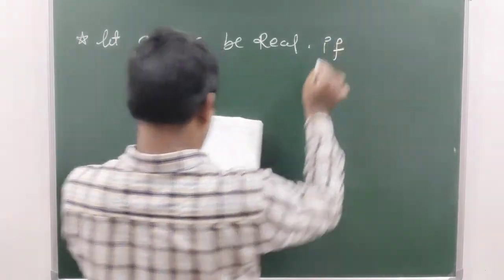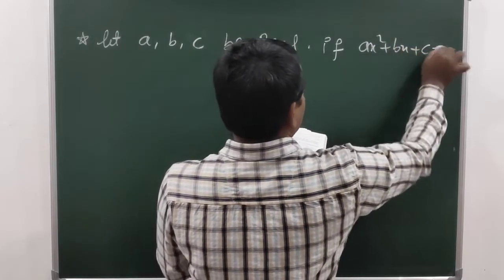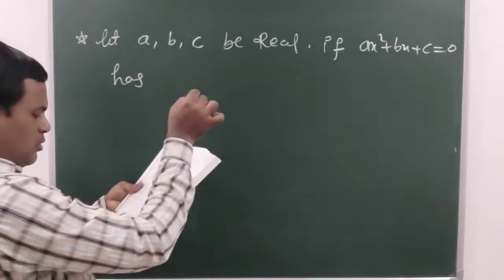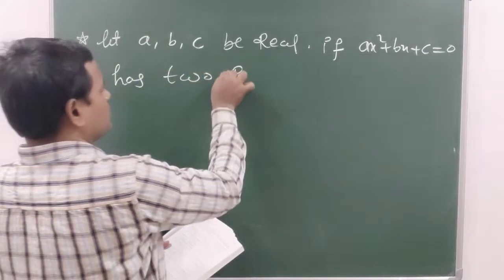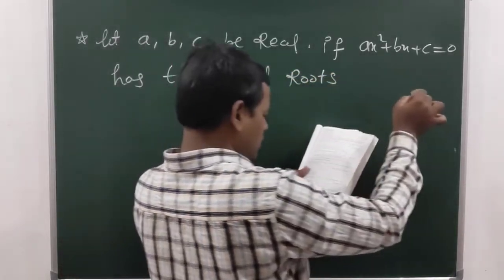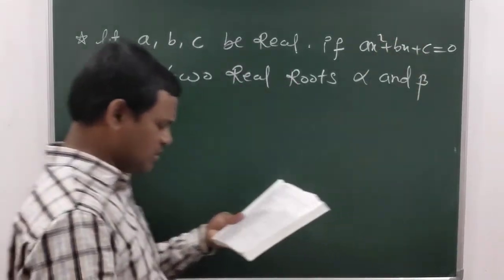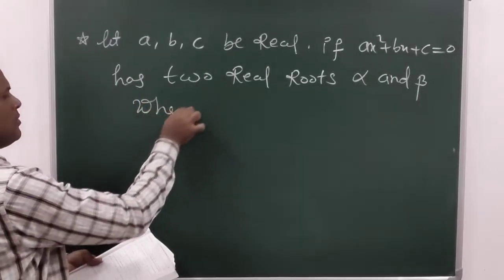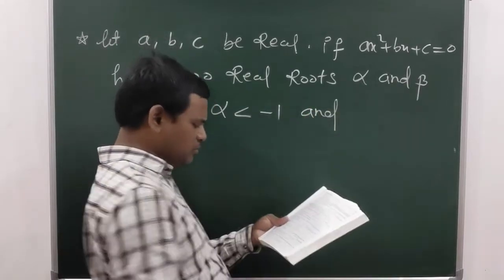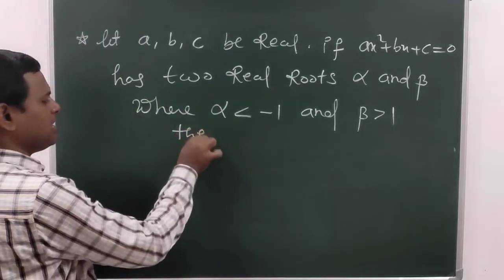If ax square plus bx plus c equal to 0 has two real roots, let us say those two real roots as alpha and beta, where alpha is smaller than -1 and beta is more than 1, then which of the following options is correct?